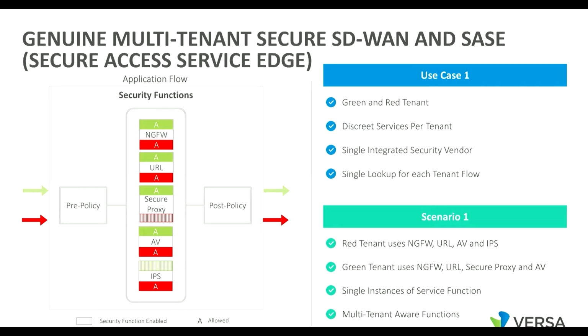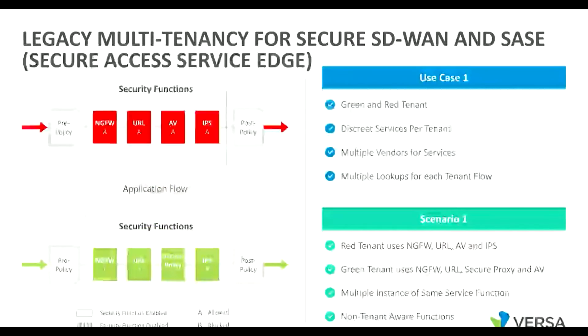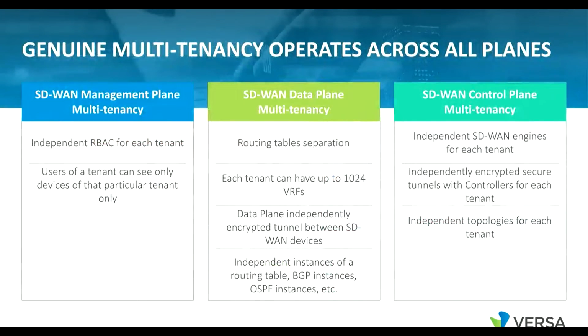Now, Neil, I do want to go back, and if you don't mind, there's one display that you showed, which is this one, which is really all about genuine multi-tenancy operating across all these planes. And I was wondering if you could go into maybe a little more detail on the management plane, the data plane, and the control plane, and why having multi-tenancy across each one of these is really so important, and how this genuine multi-tenant architecture delivers across each one of these, if you don't mind.